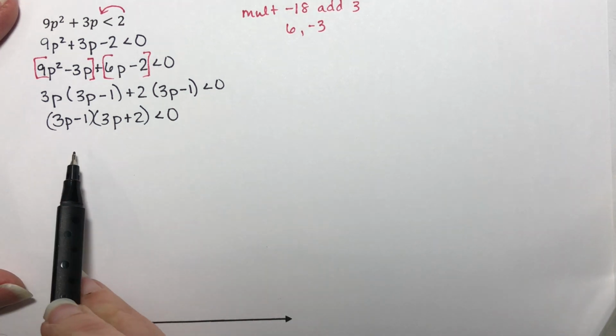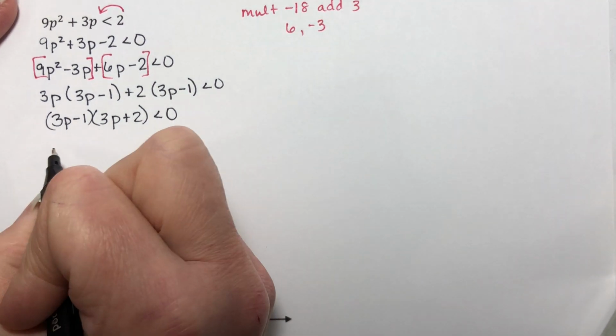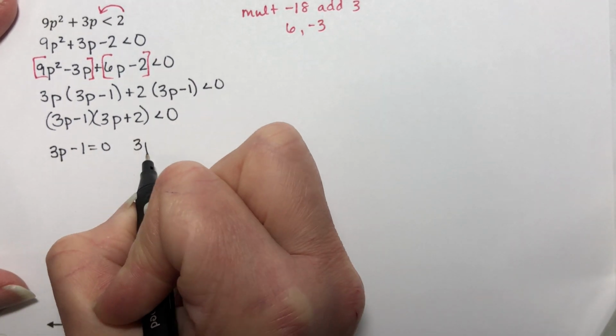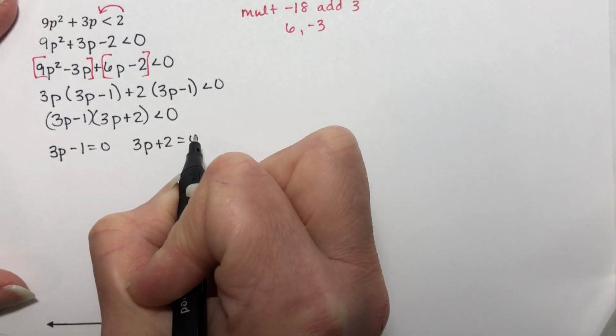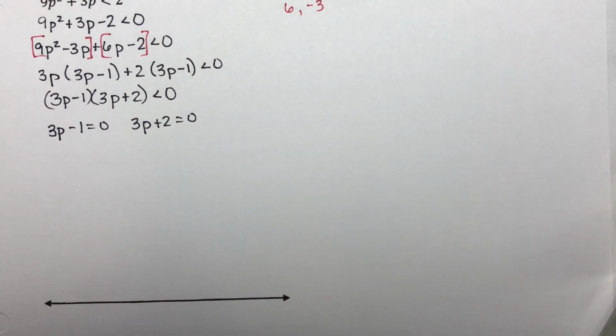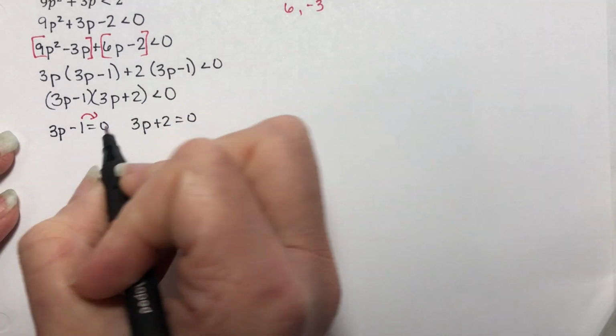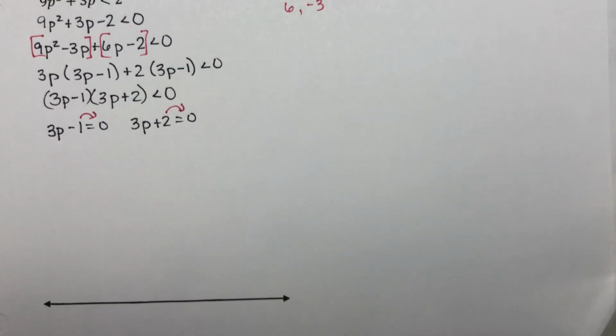Okay, now to figure out what goes on my number line, I need to set each of these equal to 0. So 3p minus 1 equals 0, and 3p plus 2 equals 0. Let's solve these. Add 1 to each side here, and I'm going to subtract 2 from each side here.